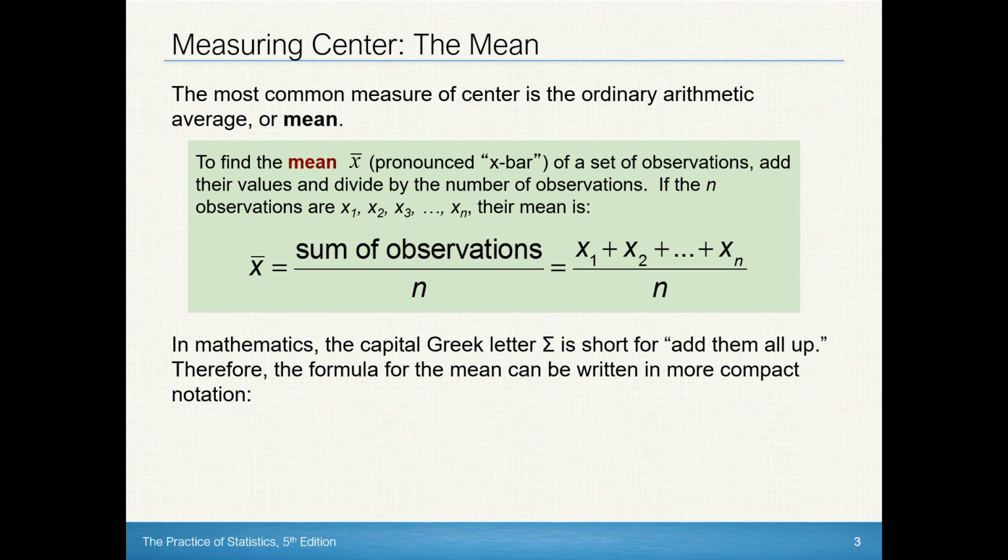Therefore, the formula for the mean can be written in this compact notation. Again, I don't really expect you to use this formula to find the mean because I think you're familiar with it, but this is how we would write it. Add up each individual x and then divide by the number of observations. That gives me x bar. If I had two lists of variables, maybe an x and a y, then I have an x bar and a y bar.